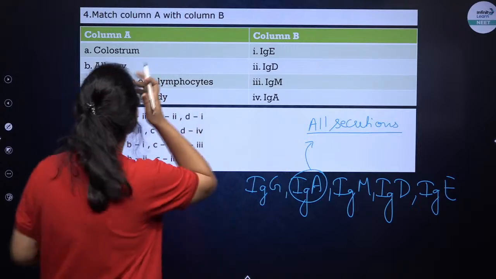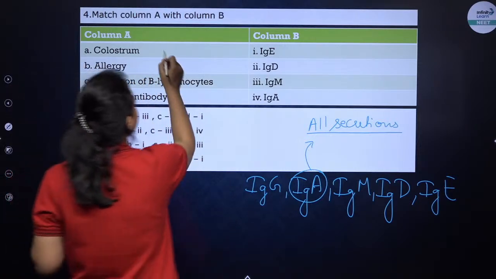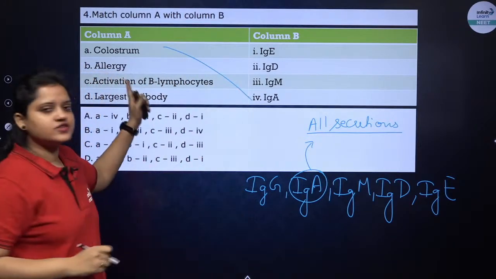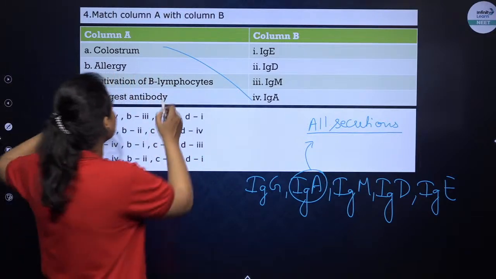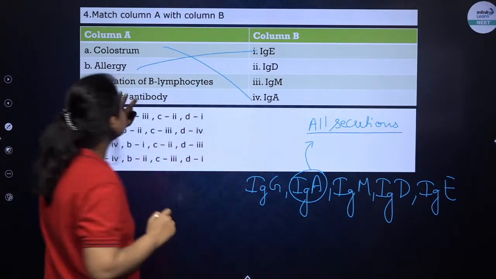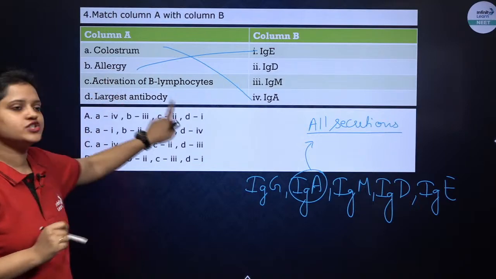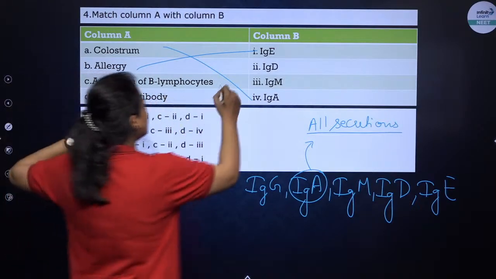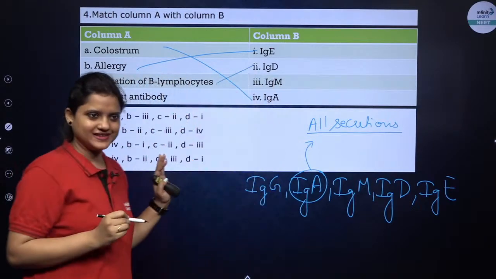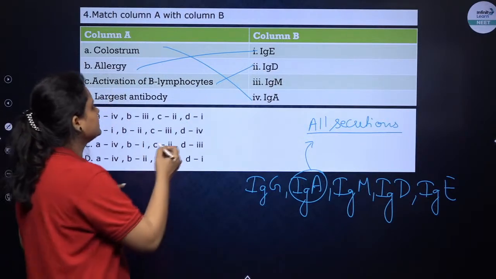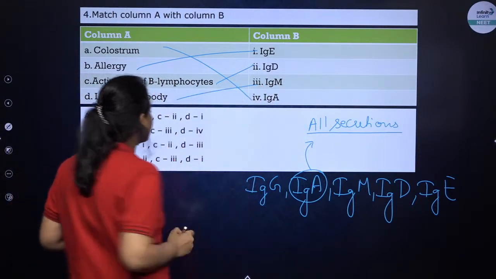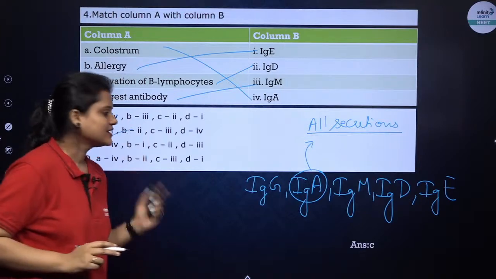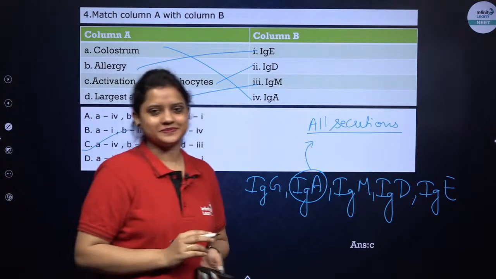So let's match our colostrum with IgA. Allergy, for allergy, IgE is responsible. So I will mark allergy with IgE. Activation of B lymphocyte is the function of IgD. Very good, everyone. And largest antibody is IgM. So the correct option for this question will be C. Very nice. Keep it up.